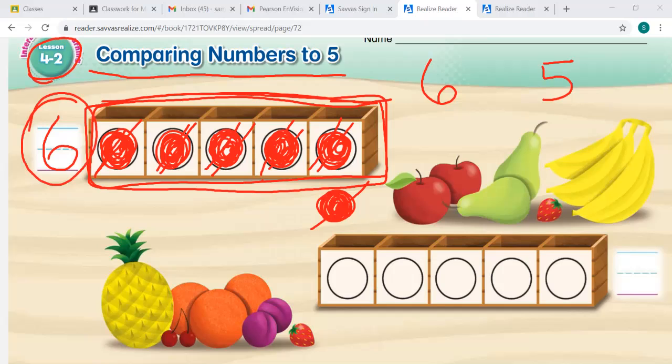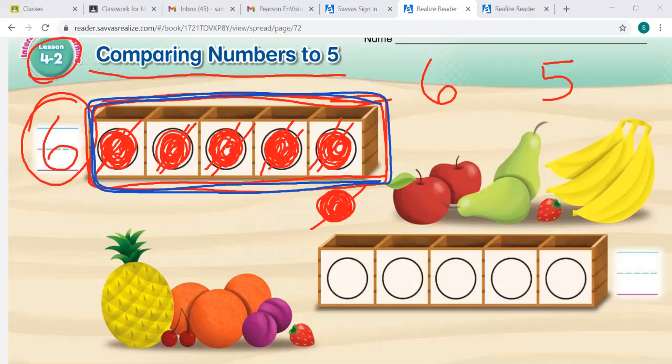Okay? Now, make sure you understand that a 5 frame always shows 5 when there's a counter in each square. So without even counting this, if it is all full of counters, I know that it is showing the number 5. That is why we call it a 5 frame.